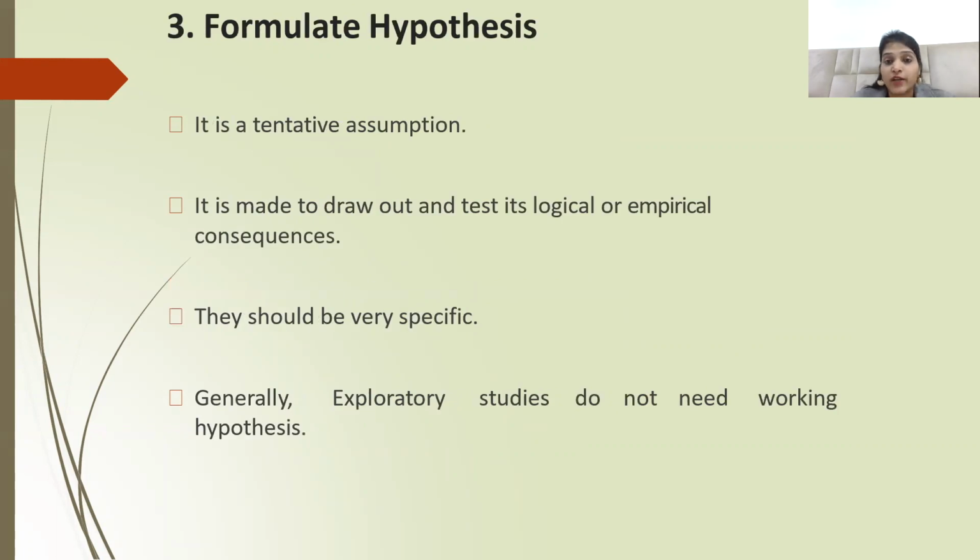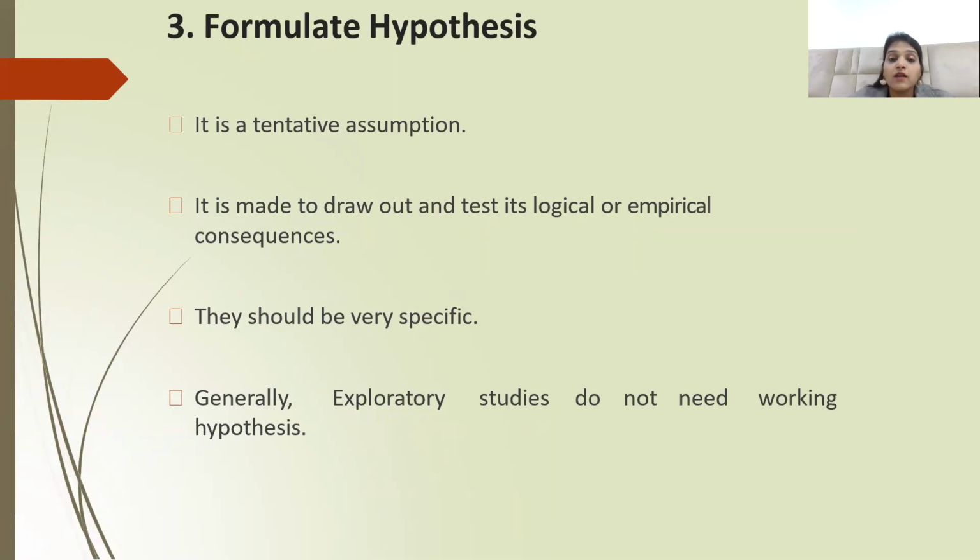Once you have defined your objective and you have gone by the literature available, now you are required to formulate the hypothesis. What are hypotheses? Hypotheses are tentative assumptions, some assertions I make. It is of two types, null and alternate. In alternate, what I want to actually test, I place.